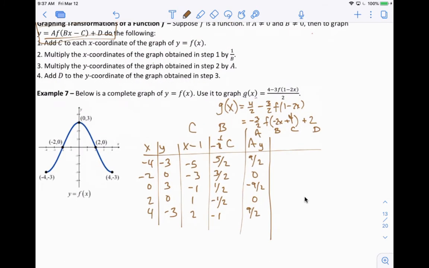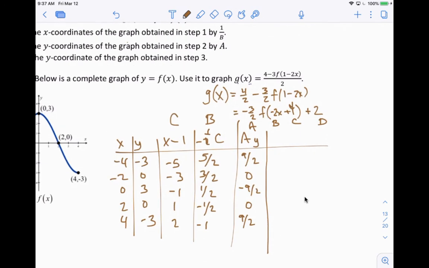The last thing we're going to do is take each one of those we just got and add d to it. So the a column plus d. 2 is 4/2, right? So 9 plus 4 is 13/2. That's going to be 2. Adding 2 to there would be -5/2, 2, and 13/2 again.